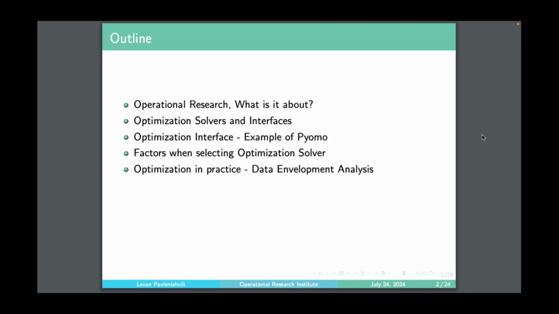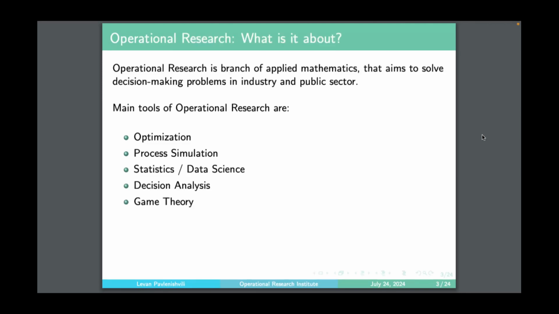So basically, operational research is a branch of applied mathematics. It aims to solve decision-making problems. Basically, the idea of operational research as a separate field is that it works with the design of the problems, solutions, and also finding a method for solution, defining the solution method.